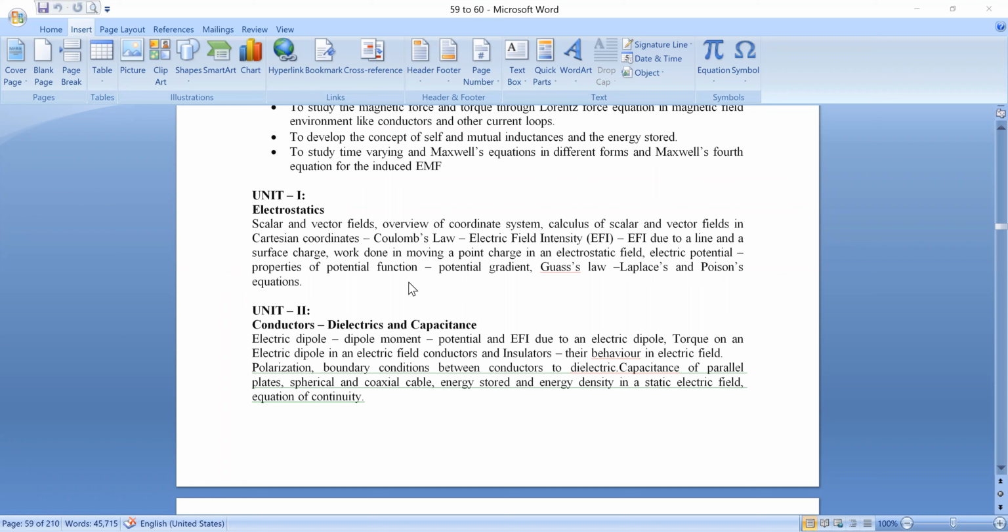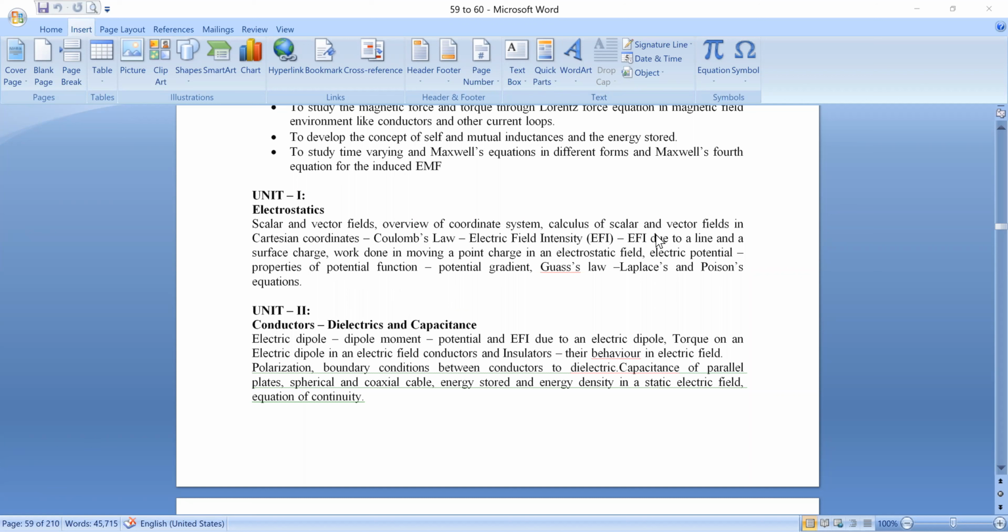Before we discuss the entire paper, all the physical quantities are expressed in vector fields. That's why we have to know some basic concepts about vector fields. So in this first unit, we discuss what is meant by scalar and vector fields, and their properties also.